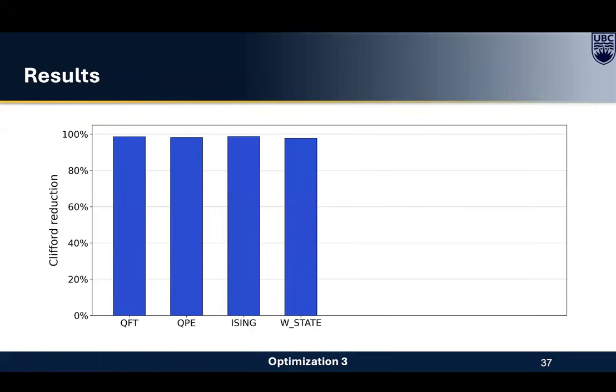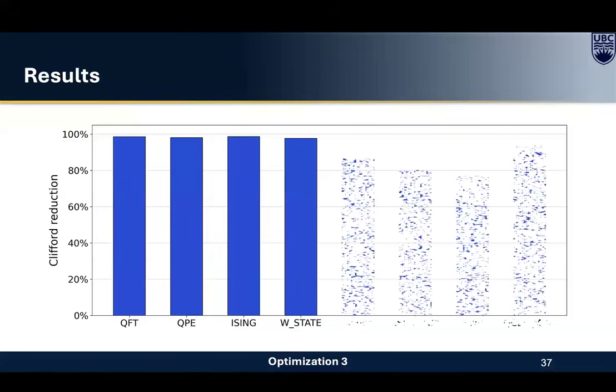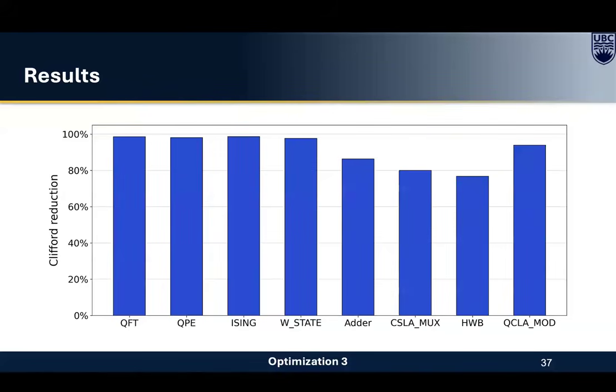The first result I'm showing is the Clifford reduction ratio. For those rotation-heavy circuits, we can achieve almost 100% Clifford reduction, because we can eliminate most of the Clifford gates in those. But those arithmetic circuits contain more CNOT gates, and those CNOT gates we can't really deal with.